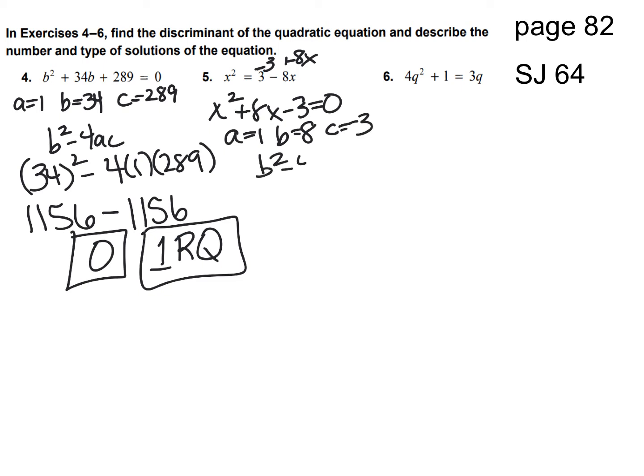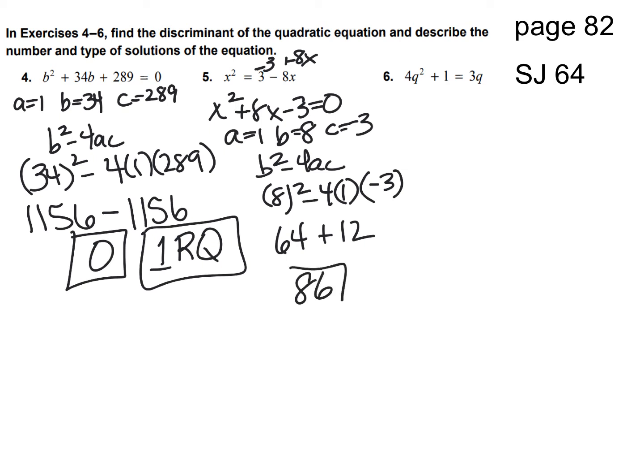So b squared minus 4ac, 8 squared minus 4 times 1 times negative 3, 64 plus 12, 76, and that number is greater than 0.